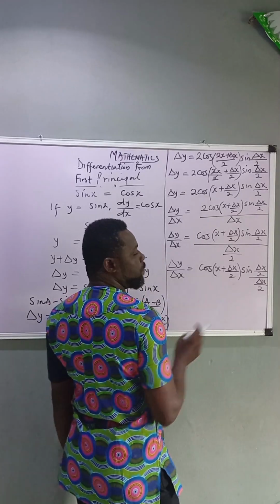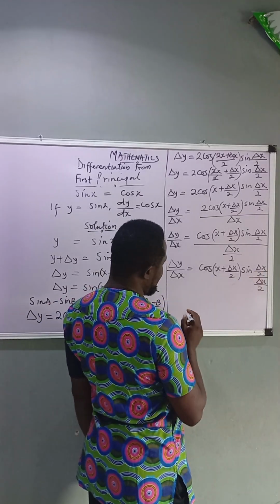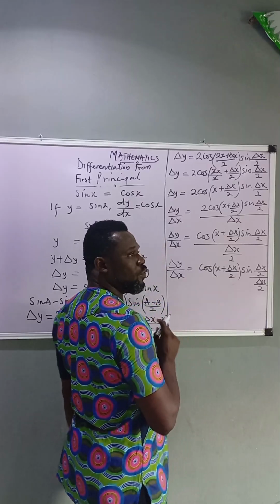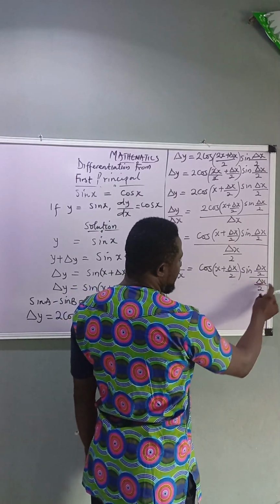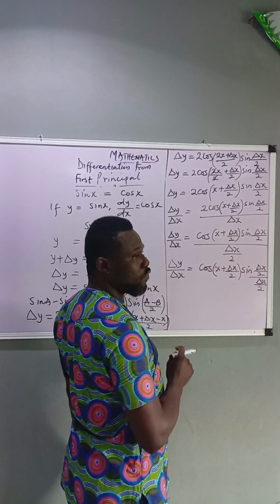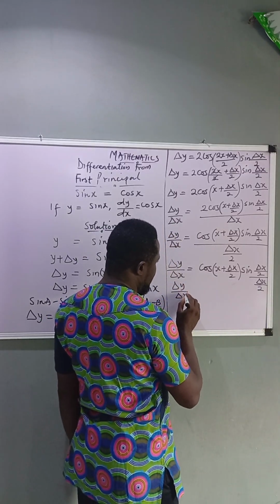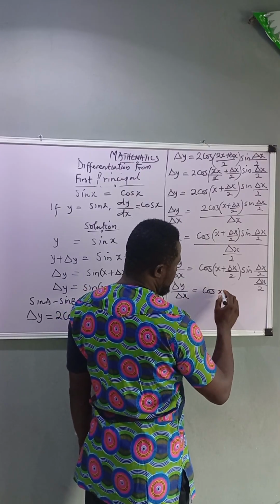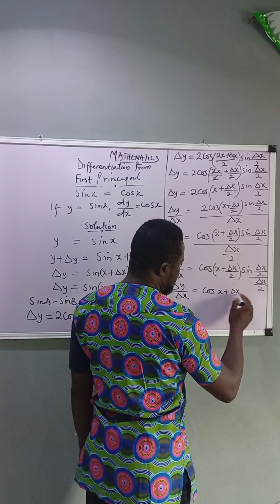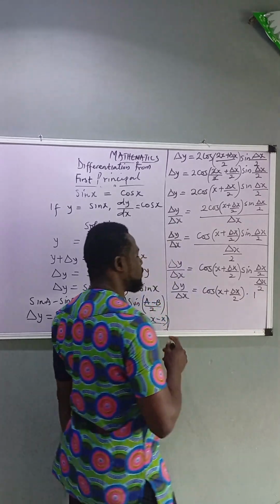Expressing it like this at this point, sine a over a is equal to 1. Sine delta x over 2 divided by delta x over 2 will give us 1. So we'll have delta y over delta x to be equal to cos x plus delta x over 2 times 1.